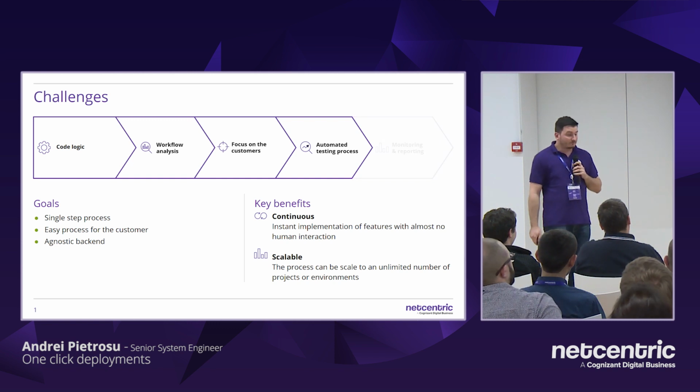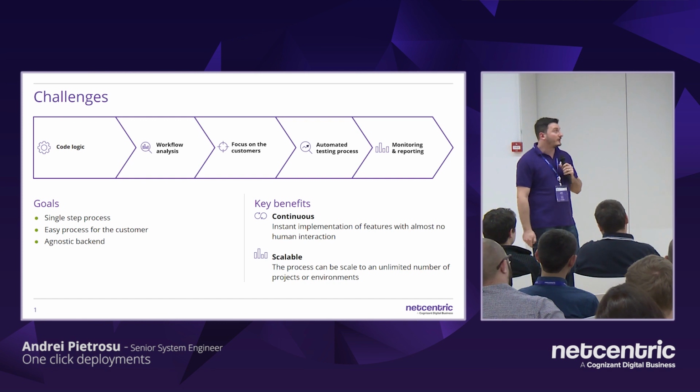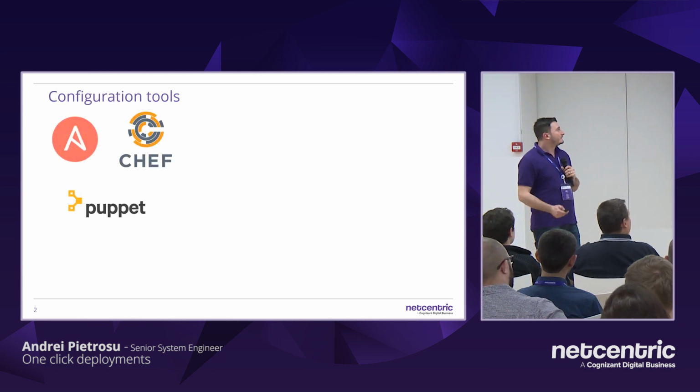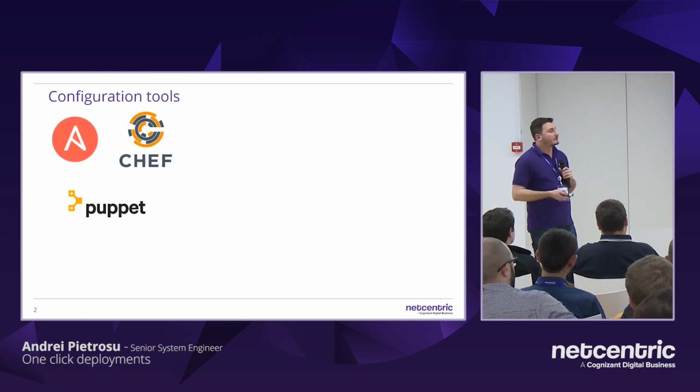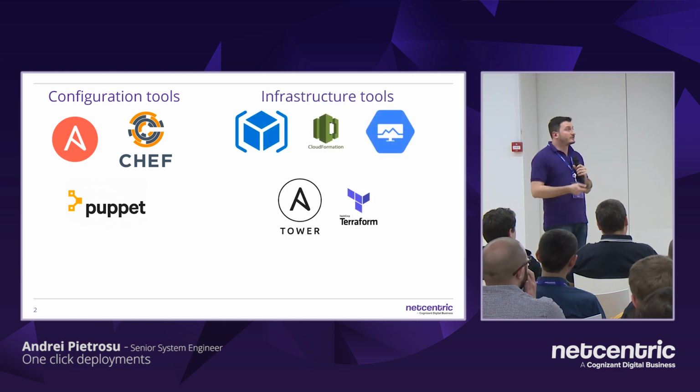So, in terms of tools, there's a wide variety. For example, you have configuration tools like Ansible, Chef, Puppet. You have infrastructure tools. The first three at top are proprietary for each cloud provider separately.